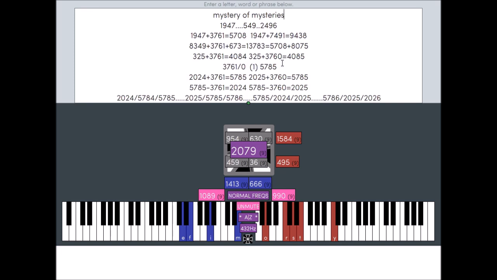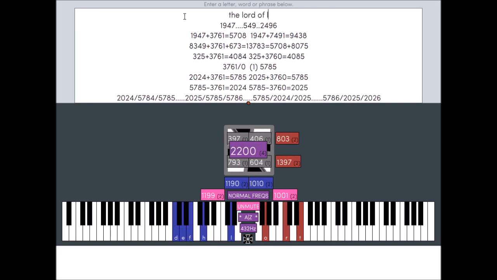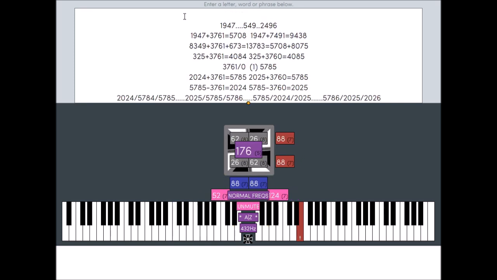Let me see. It's a little deliberate. Again, anagram style of it. The 459. What was it?